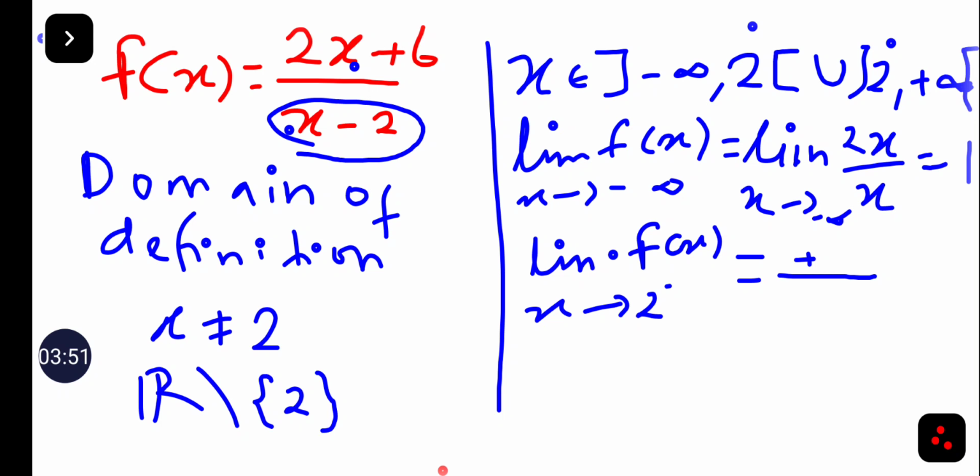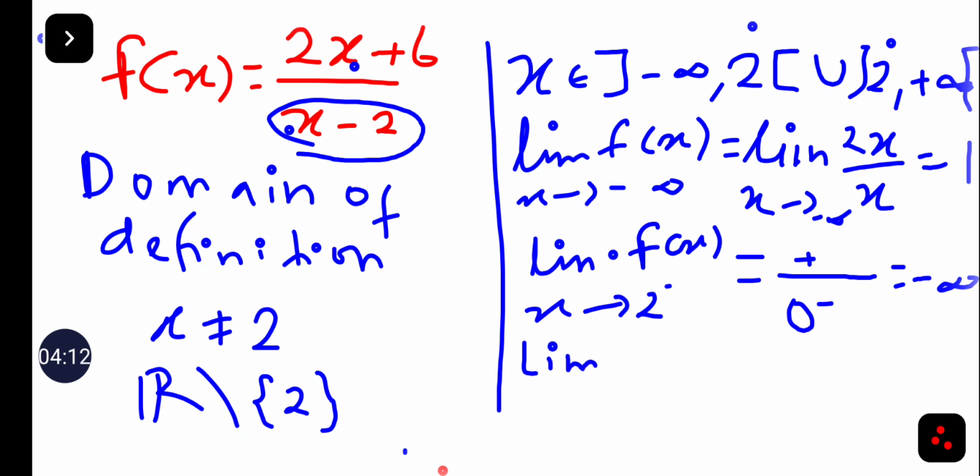For the denominator, 2 from below means slightly below 2. Any number less than 2, if you take away 2, will be negative. So the 0 in this case will be negative. Positive over negative gives us negative, so we have negative infinity.